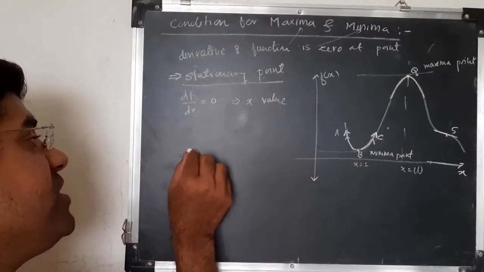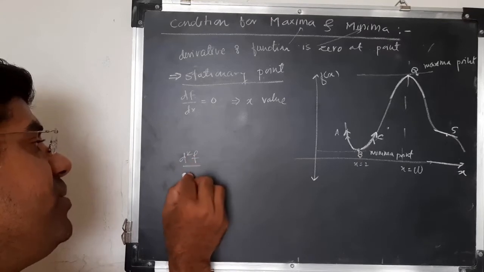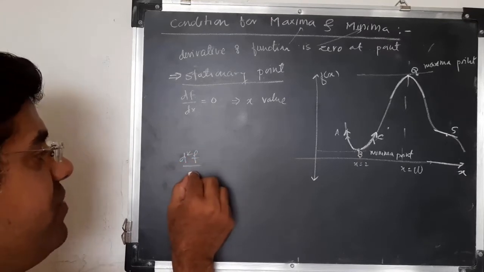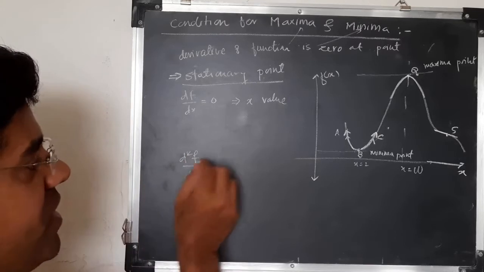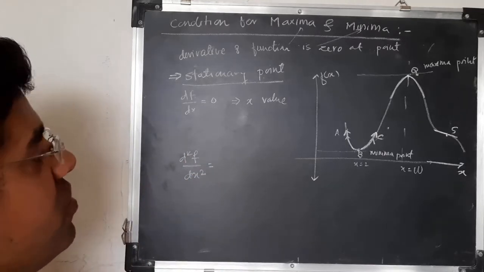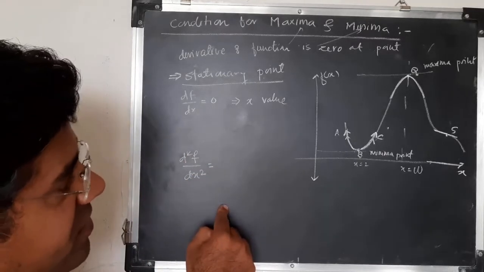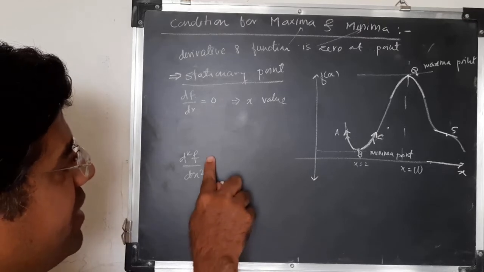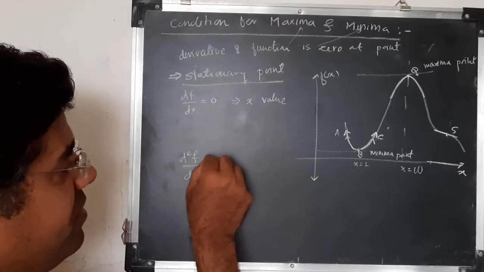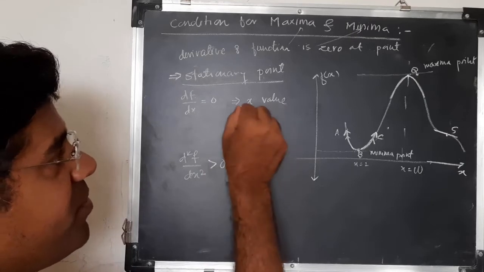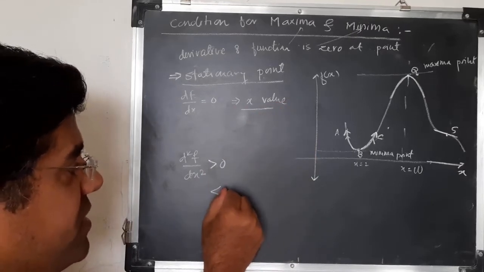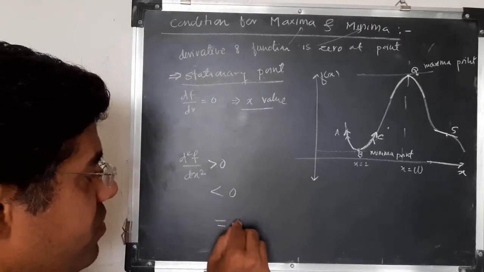Then find out the second derivative, d2f by dx square. That will decide your function, whether the second derivative after putting in the values is greater than, less than, or equal to 0.